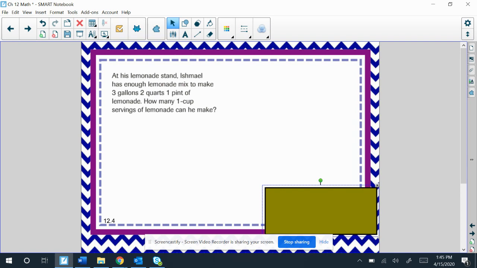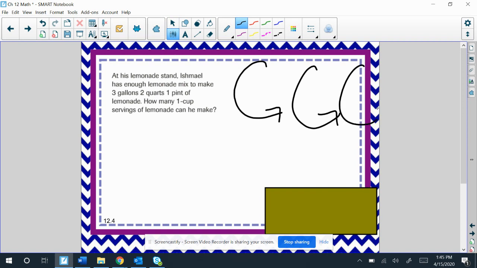I have 3 gallons. So if I do 3 gallons, I'm going to do 3 G's. 1, 2, 3. And if you drew these all out, you would have 4 C's for each of the Q's, and there's 4 Q's. We want to turn everything into a cup.